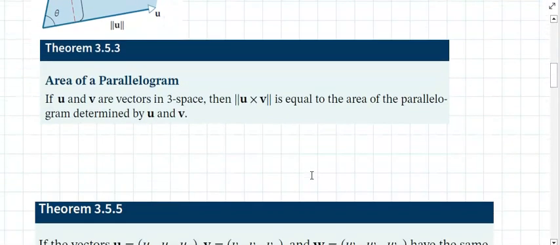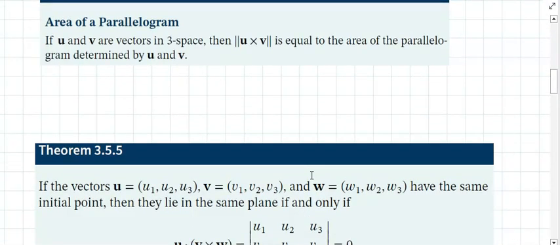Now, there are a couple of important things about the cross product. If u and v are vectors in R3, so let's say u looks like that, v looks like that. If I take the cross product of the two, I'll get a vector that's perpendicular to both. We just mentioned that.